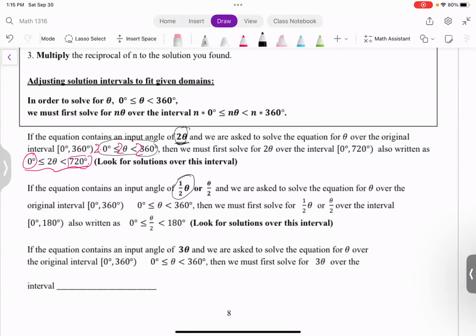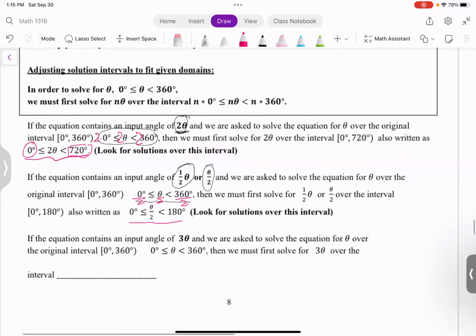If I have 1/2 theta, or theta over 2, as my input angle, and I want you to find theta between 0 degrees and 360 degrees, what is the adjusted interval? Everybody is divided by 2, so I get 0 over 2, 360 over 2. The new interval for theta over 2 is between 0 degrees and 180 degrees.